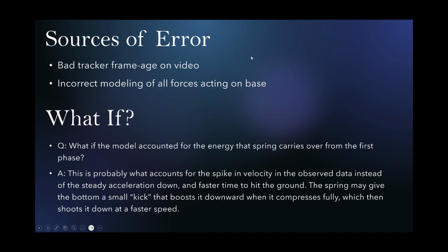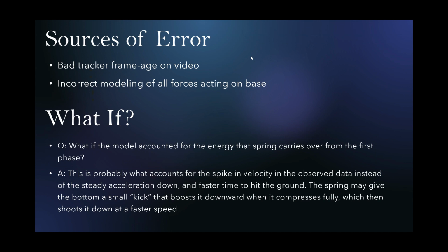Some sources of error are that we have bad tracker framing on the video, where the actual slinky falling itself has only roughly 30 frames, so it's not much to go off of, and incorrect modeling of the force acting on the base of the slinky in the computational model. So there could be other forces acting on the slinky that are not modeled in the computation.